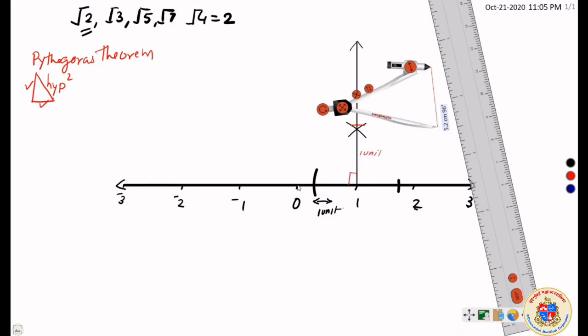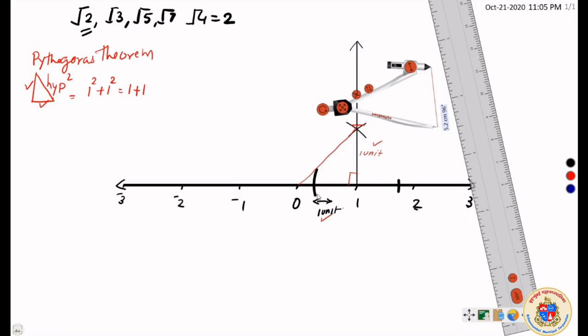If from 0 to here I draw, this becomes a right angle, right? In that right angle, one side is 1 unit, the other side is again 1 unit. In that case, I apply the theorem, where hypotenuse square will be equal to 1 square plus 1 square, which is equal to 1 plus 1.